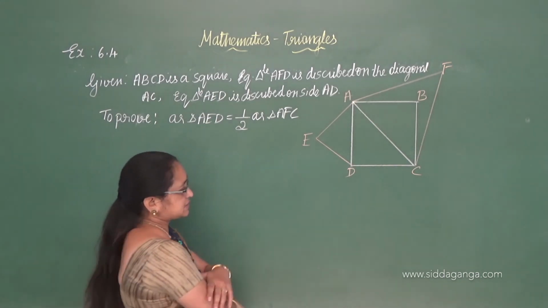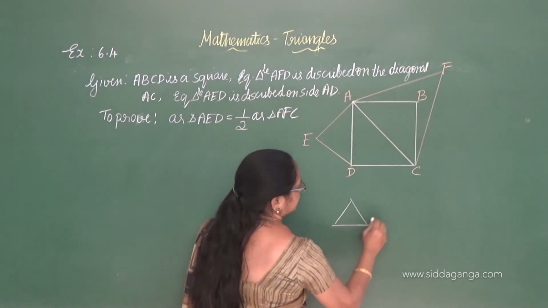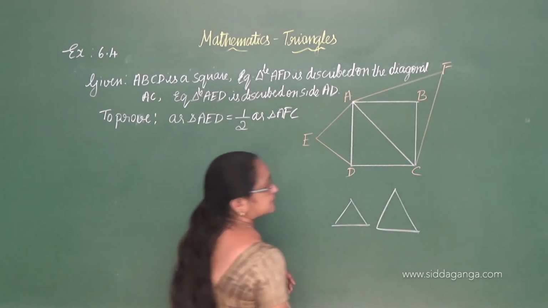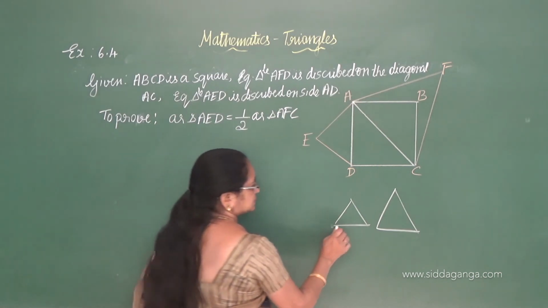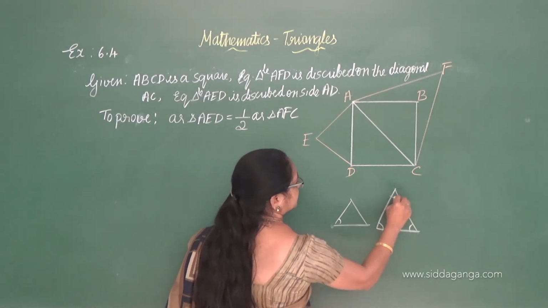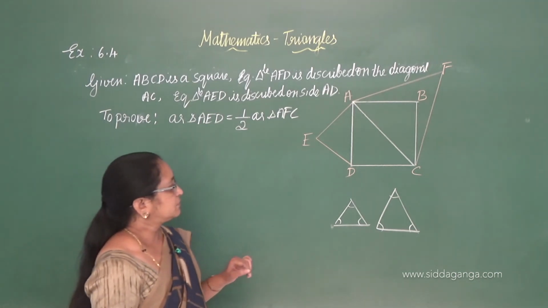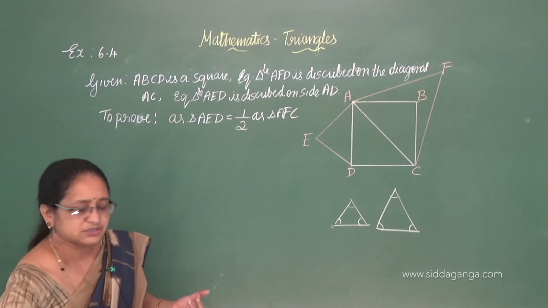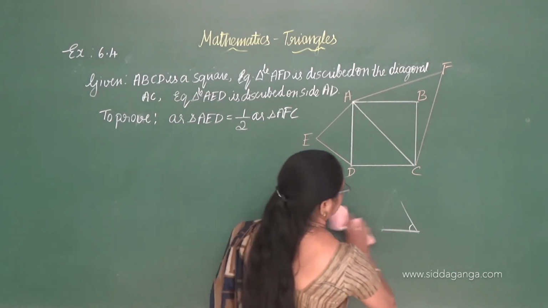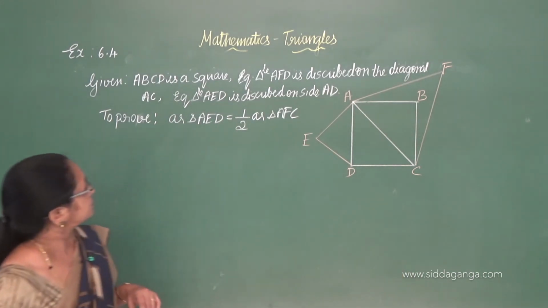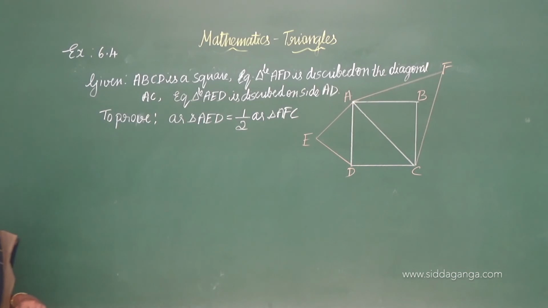Equilateral triangles, you all know, are similar. Equilateral triangles are equiangular. So based on that we can do it now. I hope you understood this.